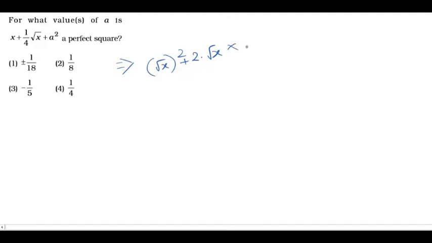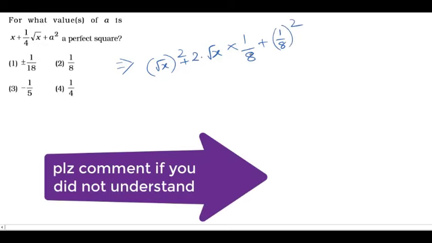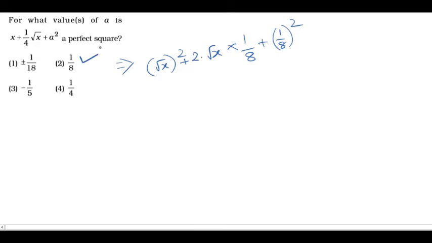So we need to place a number here in such a way that it becomes 1 by 4. So it becomes 8, right? Plus a square. Basically a square should be 1 by 8 whole square. Then only we can express this in perfect square form. So answer is 1 by 8.